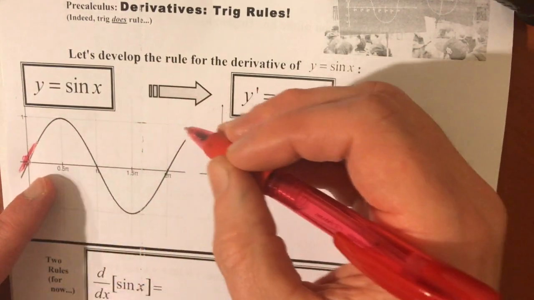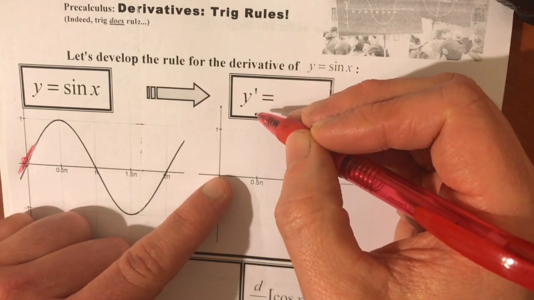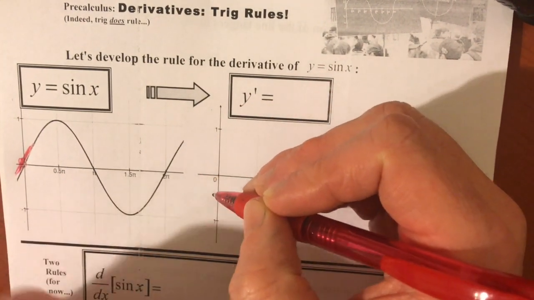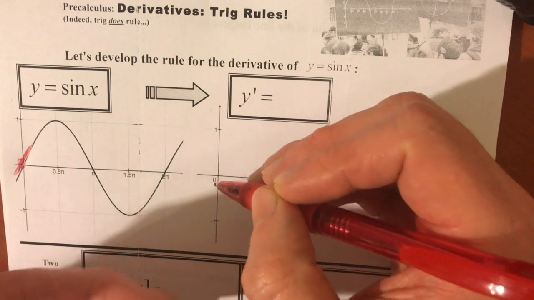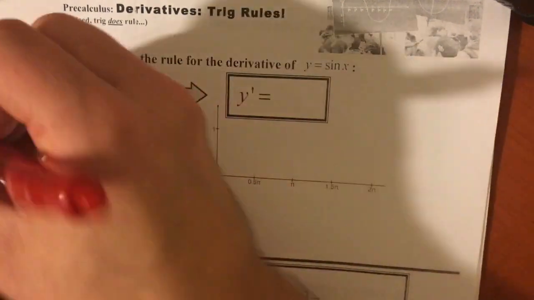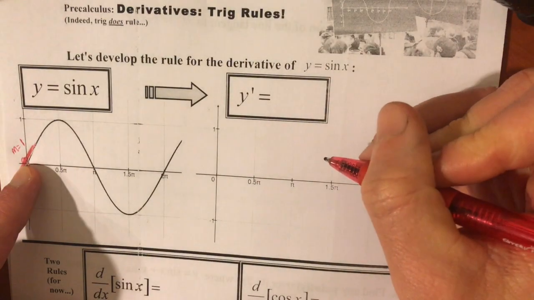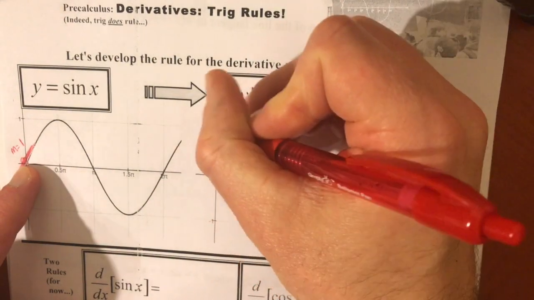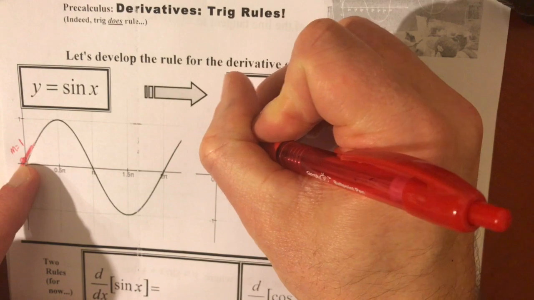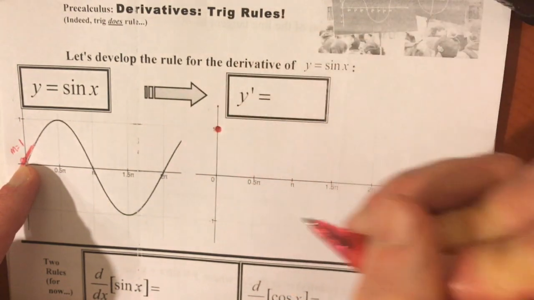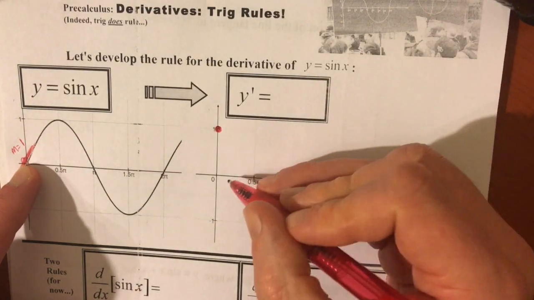And so that means that on the derivative graph, when you plug in 0 to the derivative, you get out 1, because that would represent this slope right here. So the output, or the y-coordinate of the derivative graph, would be 1 at x equals 0.